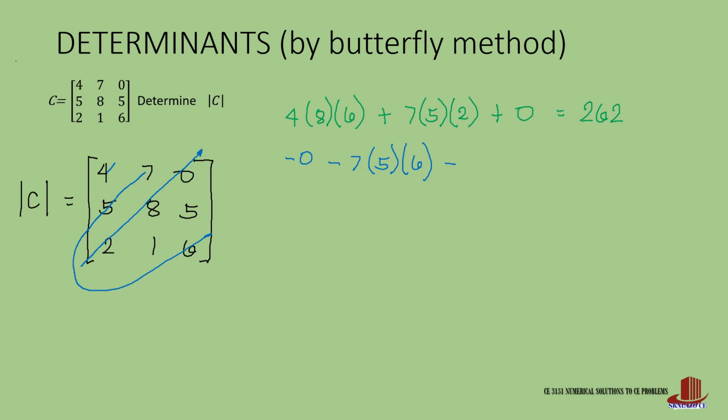Another minus, that would be for 4 times 1 times 5. So simplifying our values, 7 times 5 times 6 and 4 times 5, giving us 230. So if we are going to combine these two, the positives less the negatives, we would have the answer still the same as 32.